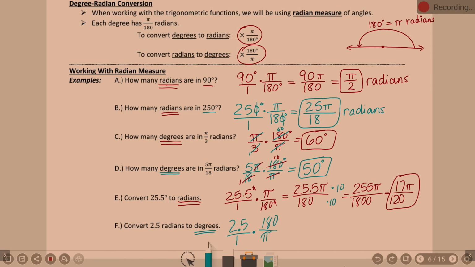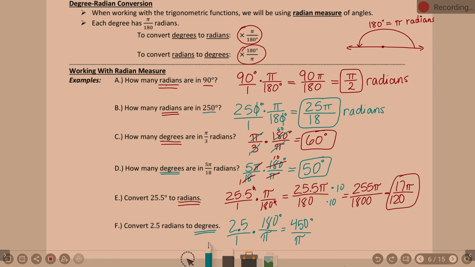It doesn't happen this time. If you go ahead and just multiply across, 2.5 times 180 is 450. And so at that point, we have 450 over pi. Is that how we normally express a degree answer?